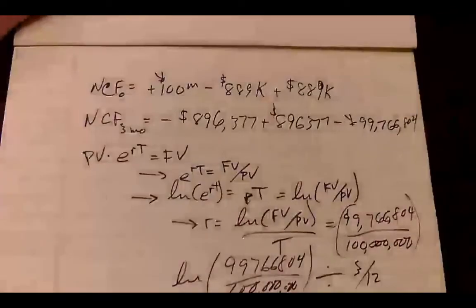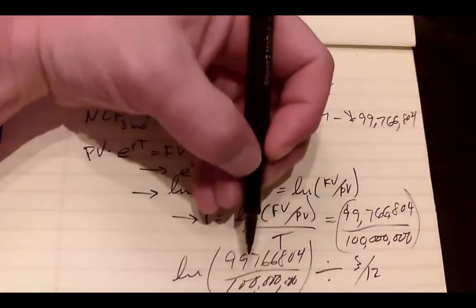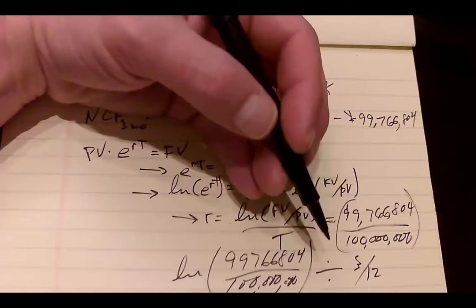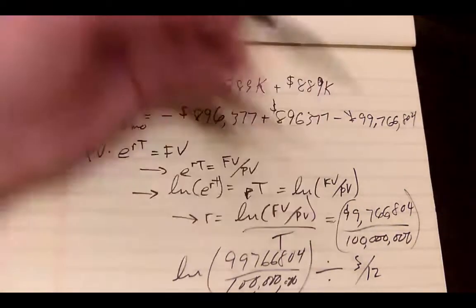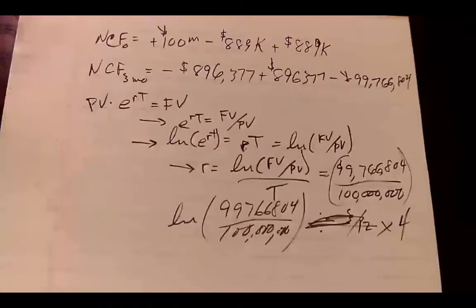So you're dividing by 3/12, that's like multiplying by 12/3, which is 4. So we take the log of this number first and then multiply by 4. Because you're basically annualizing a 3-month rate by doing that. Dividing by 3/12 is the same as multiplying by 4, all right?